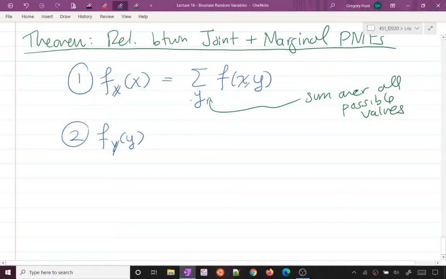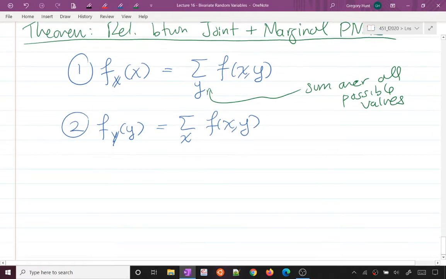If I want the marginal of X, I sum over all values of Y. If I want the marginal of Y, I'm just going to sum over all possible values of X, fixing Y. And so there's this fundamental relationship where I can get the marginal if I know the joint.